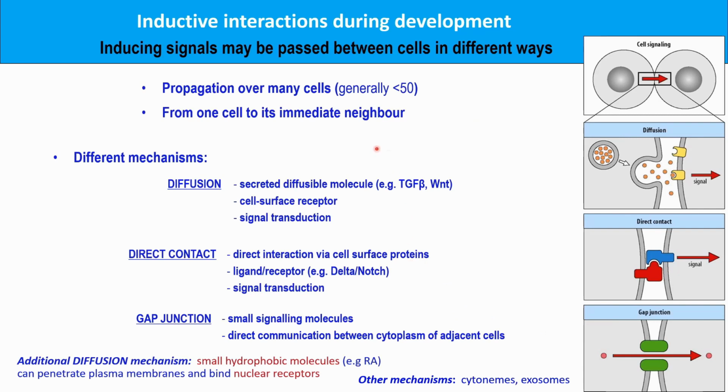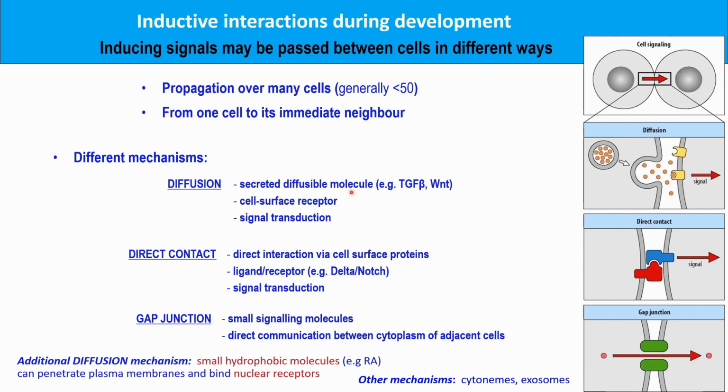So these inductive signals, as I said, can pass over larger distances or quite short distances from cell to cell, and they move by different mechanisms. And diffusion is one mechanism. We see an example of it here, where you have the secretion of a ligand, for example, to the neighbor cell, and depending on how capable of diffusion this signal is, it will travel short or long distances.